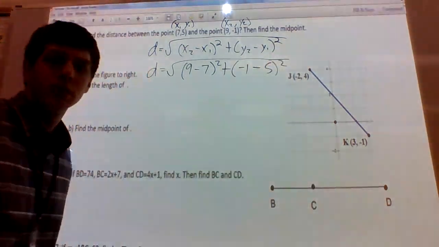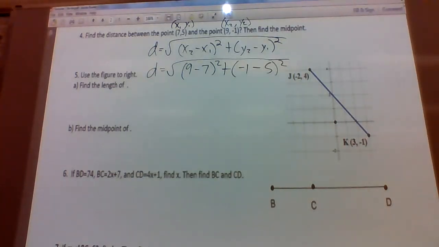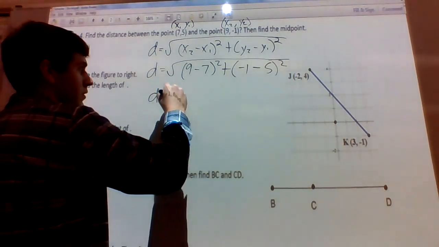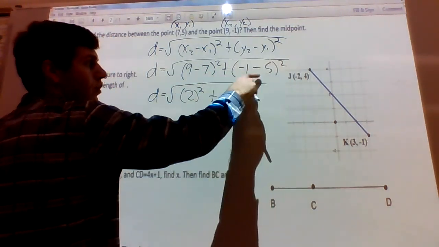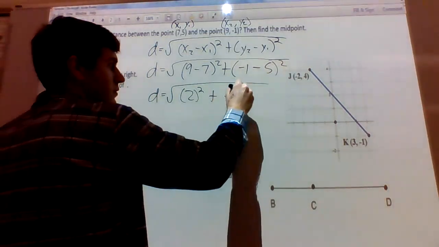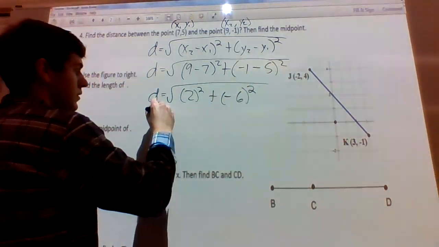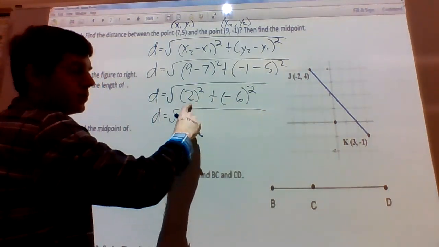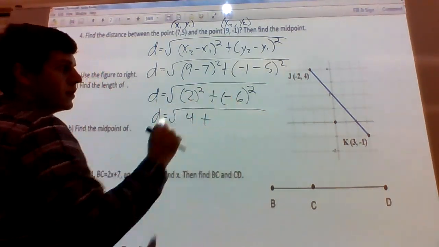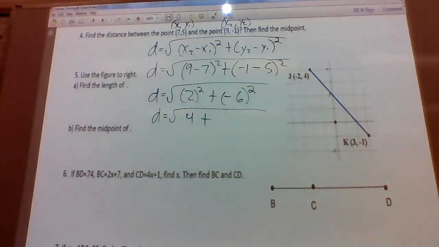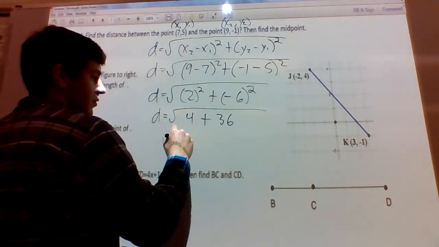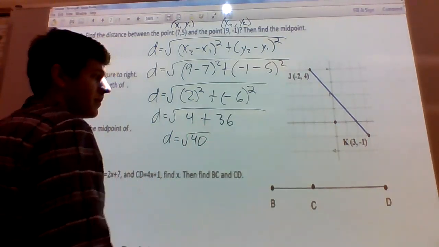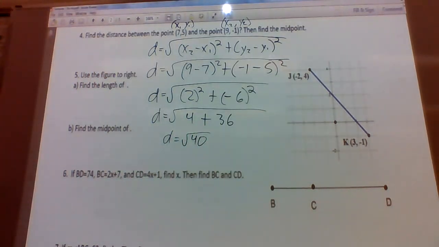From here, you can put this in the calculator, or we can do it by hand. 9 minus 7 is a positive 2 squared. -1 minus 5 is -6 squared. 2 squared, 2 times 2 is 4. -6 times -6 is a positive 36. Our distance is going to be the square root of 40, which is about 6.4 or so.